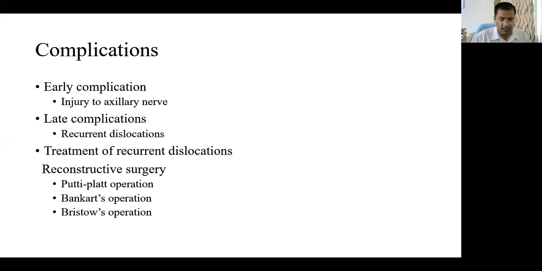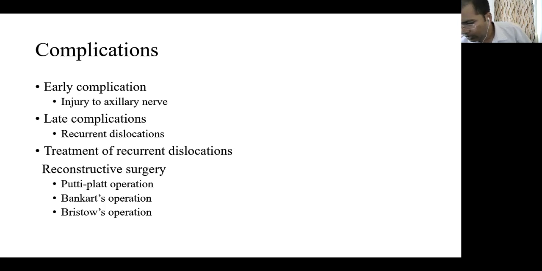In short, the Putti-Platt operation is just double breasting of the subscapularis muscle. Bankart operation is just the fixing of the anterior glenoid capsule, so that it reduces the chance of dislocation again.